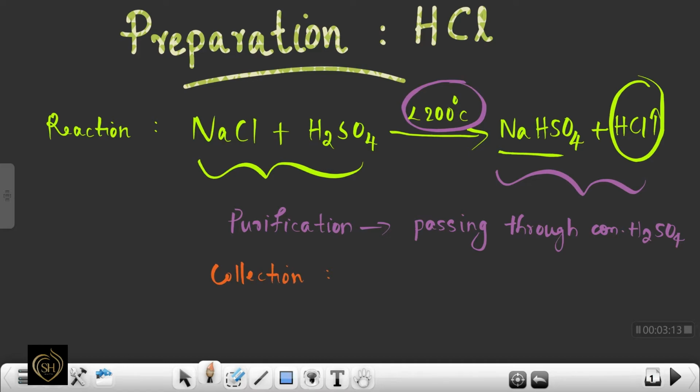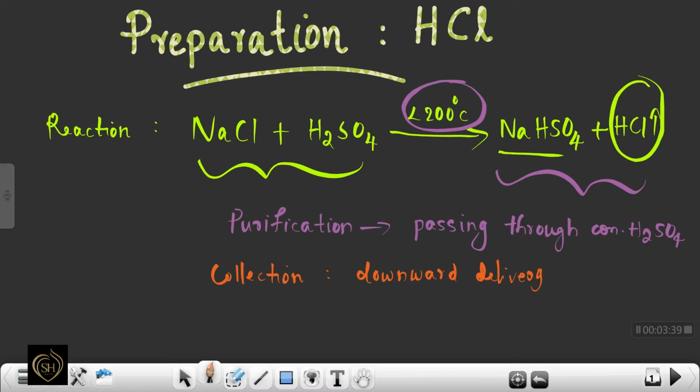Hydrogen chloride gas is collected by downward delivery, which is very important, that is, by upward displacement of air. It is not collected over water since it is highly soluble in water. It can be identified when the jar is completely filled with hydrogen chloride, as fumes appear above the jar's mouth.